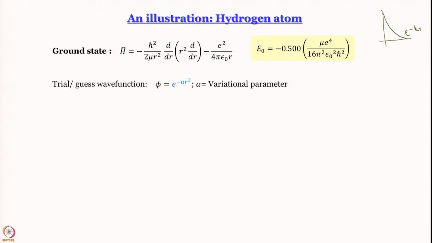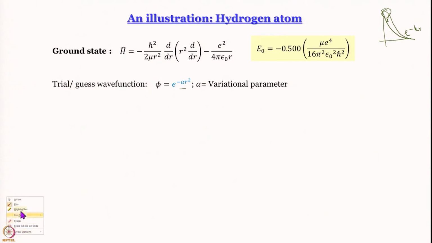And what is a Gaussian decay? Something like this. So, I might as well play around with this parameter alpha and try to see whether I can bring this Gaussian down here, as close to this exponential decay as possible. There will always be some mismatch near r equal to 0, and I will normalize and get it as close as possible. It will never be exactly the same, but it is not very different.